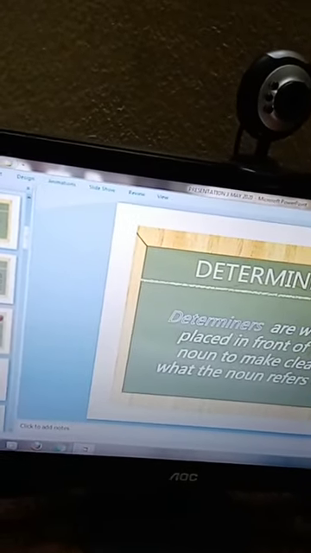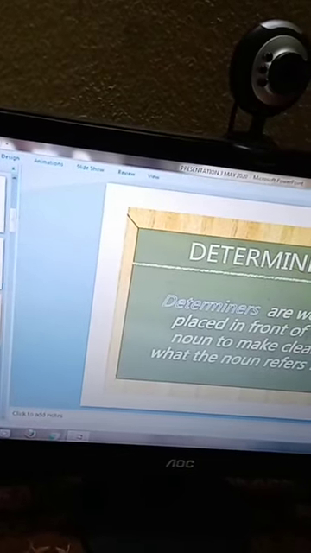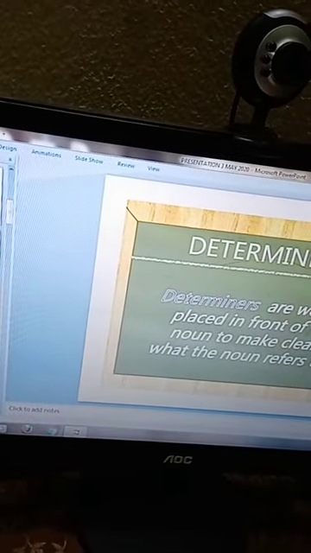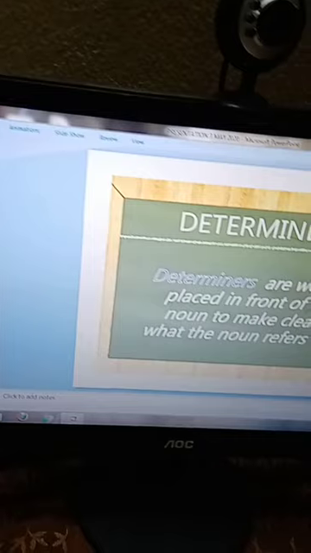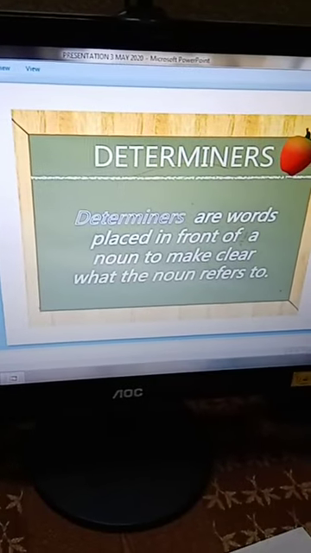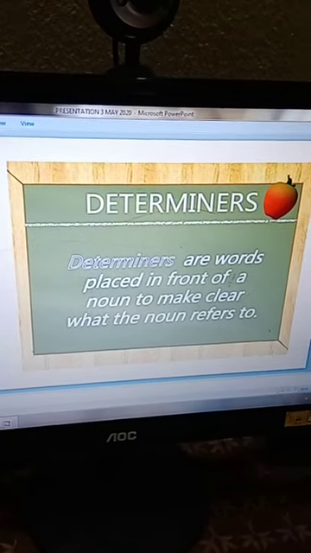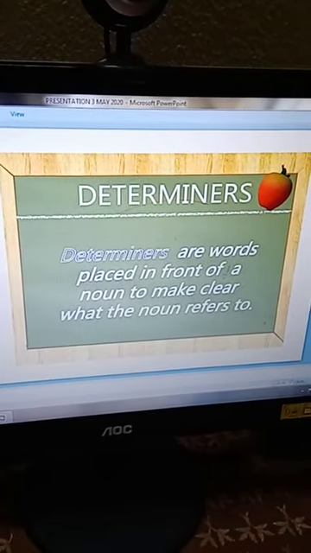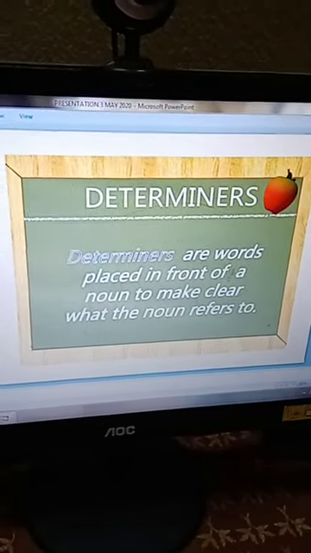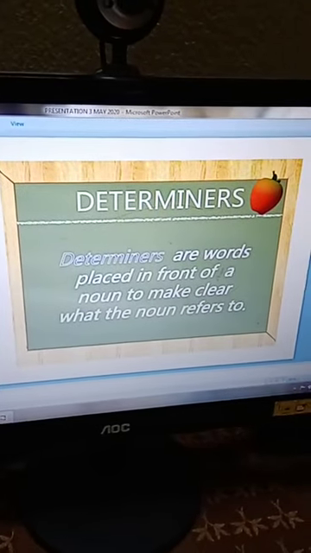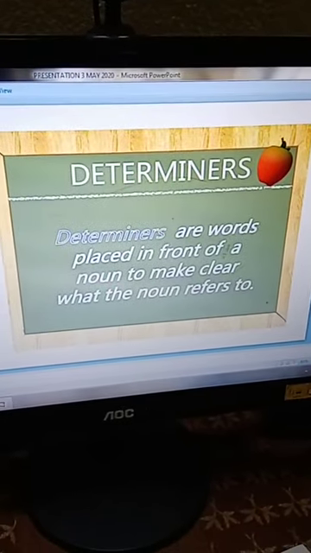So I hope you are all well versed in nouns and their kinds, whether countable, uncountable, or all the 5 parts of the noun. In the second chapter you have to study the determiners.